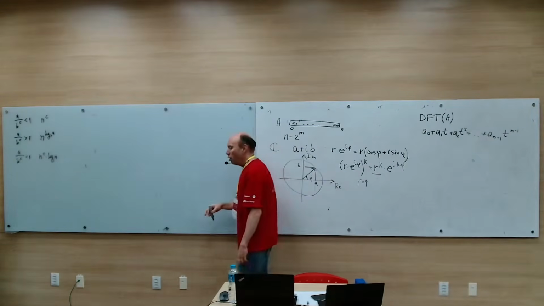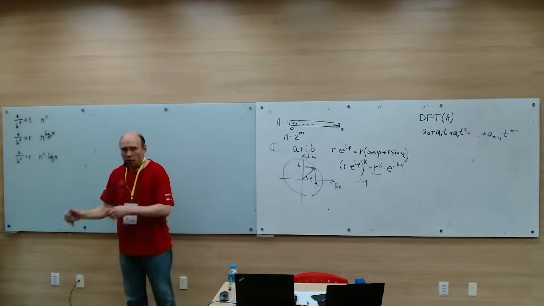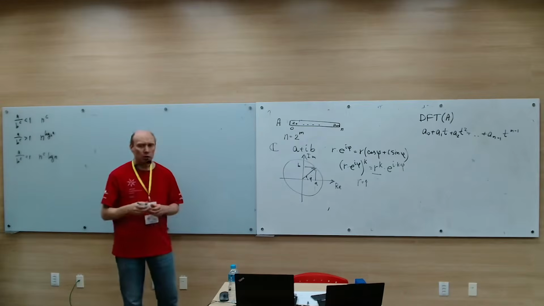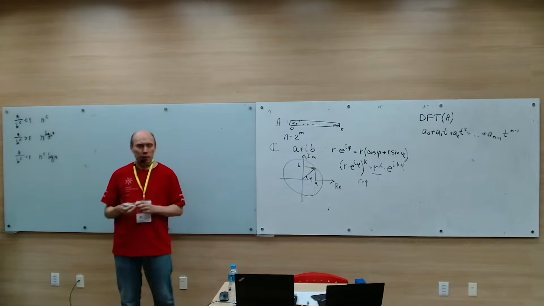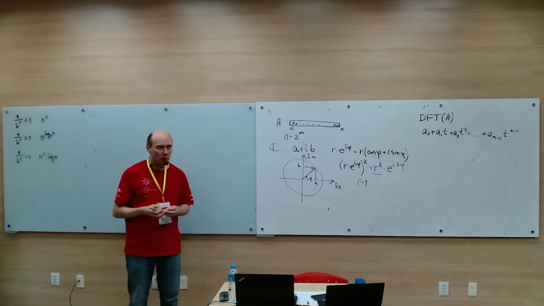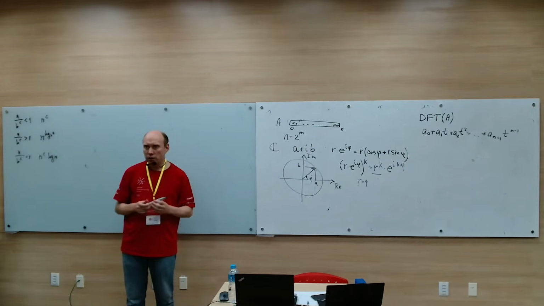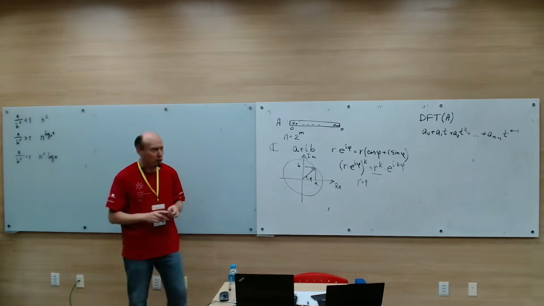And we will put powers of the primitive root of unity of nth power into this polynomial as values for t, and look at the results.